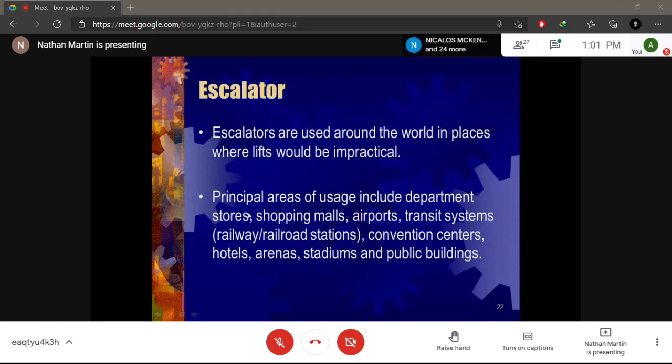Where they are utilized, right? We talk about department stores, shopping malls, airports, transit systems, convention centers, hotels, arenas, stadiums, public buildings, right? All of these areas you can utilize your escalators, and it will play a vital and critical role, right?